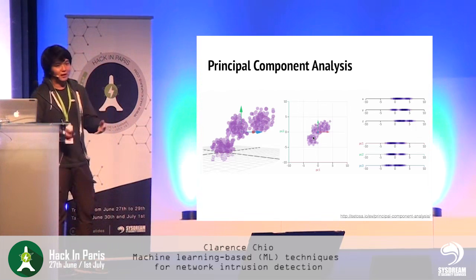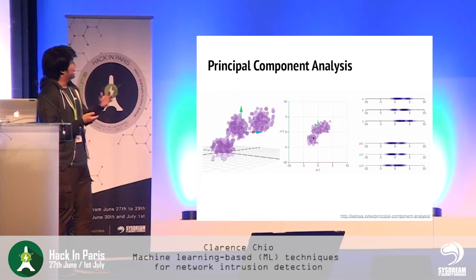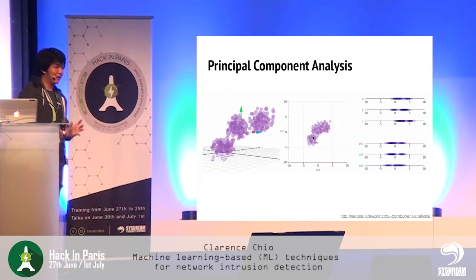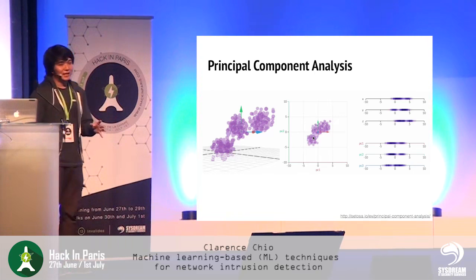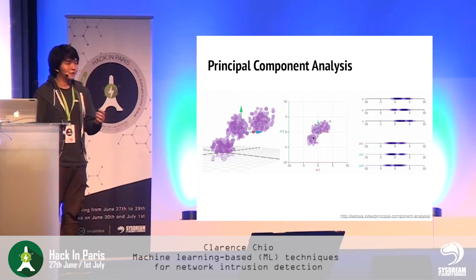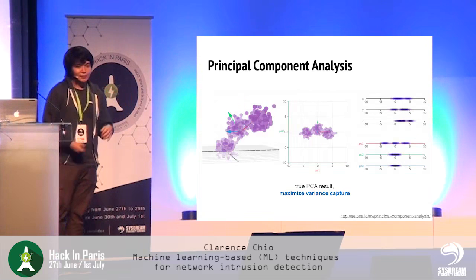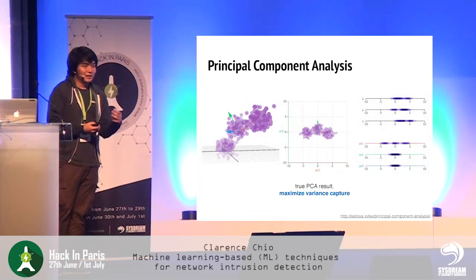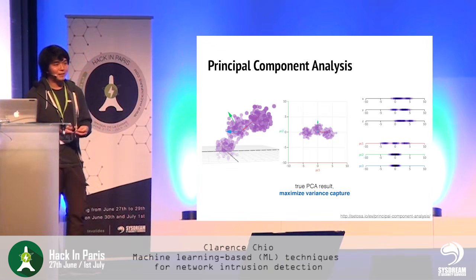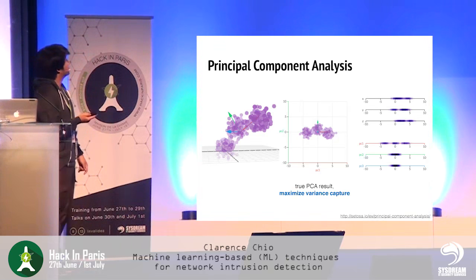Of course, you have to do normalization and regularization, the specifics of which you have to deal with when you're implementing this. But the basic idea is that it's a statistical method that helps you look for good features. Basically, you want to maximize variance capture, and the hypothesis behind PCA is that when you have chosen features that maximize variance capture, then these are basically the most important features.